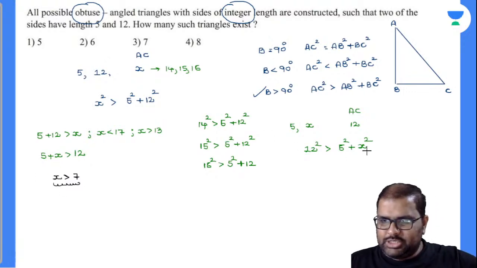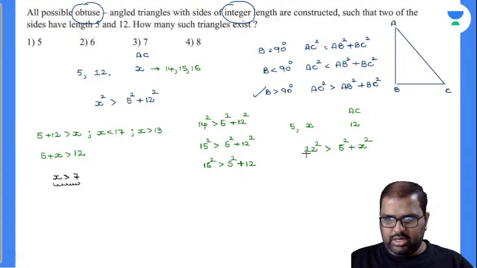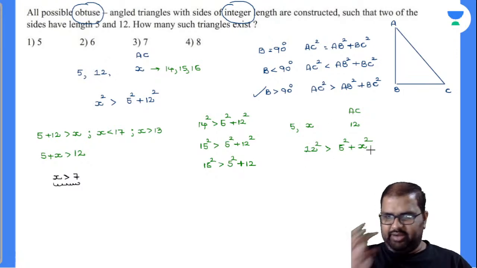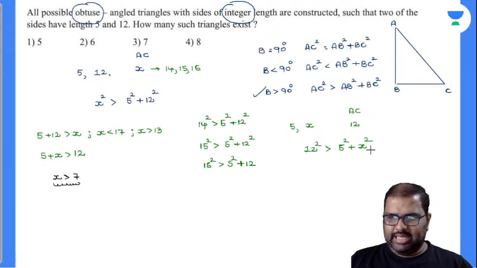Now, if it is 7, 49 plus 25 is how much? 74. 12 square is greater than 74. Perfectly done. Am I missing anything there? Yes, perfectly done. X has to be 8.